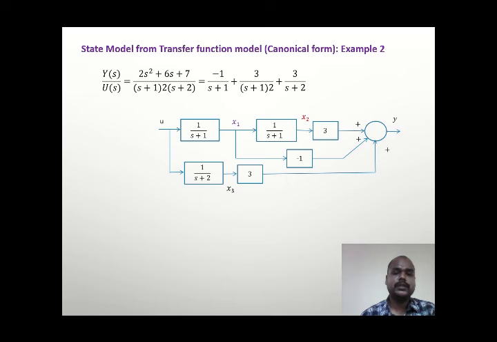So we need to understand this block diagram. First of all, look at the first term, which is 1 by s plus 1 times minus 1, and this will be our state x1.